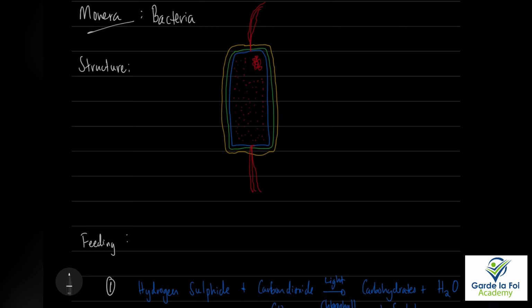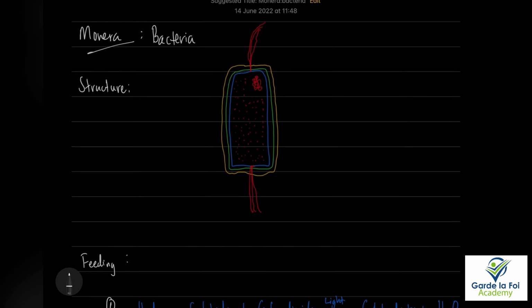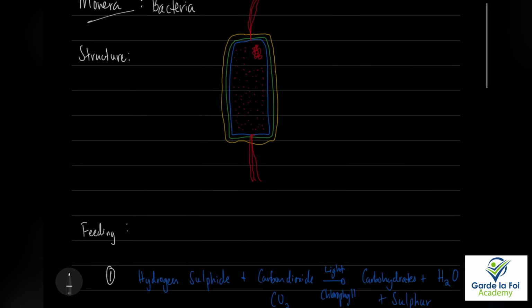So I've got the diagram here of bacteria, simple bacteria, and here we can see that when we label it, we've got the flagella. And the flagella is mostly involved in aiding movement.